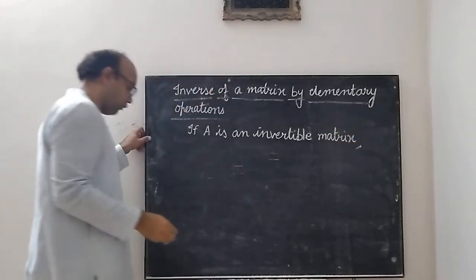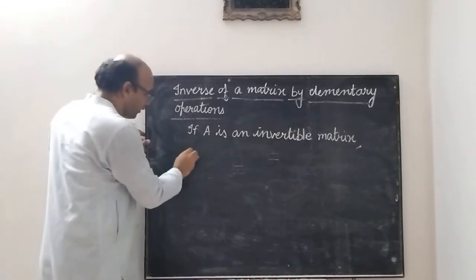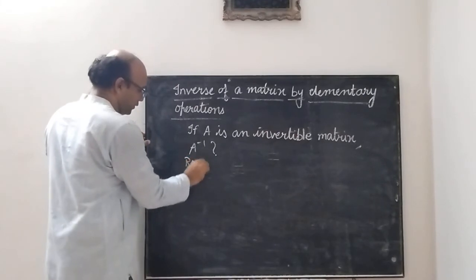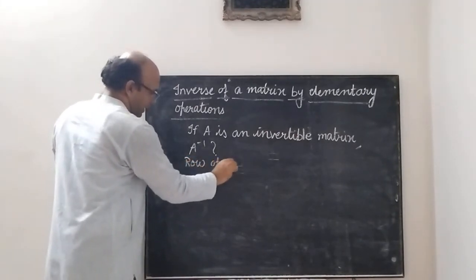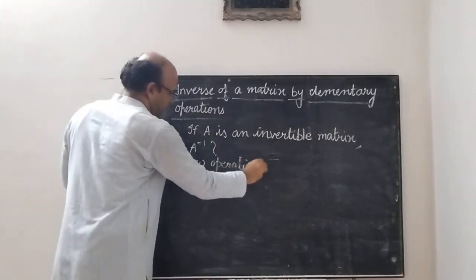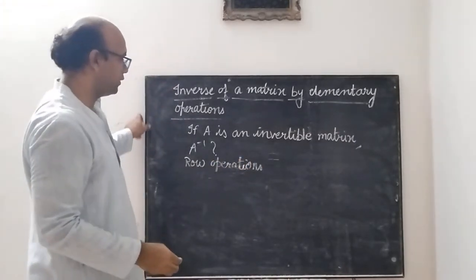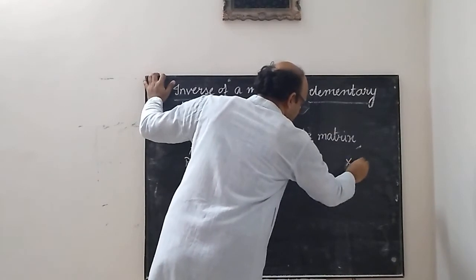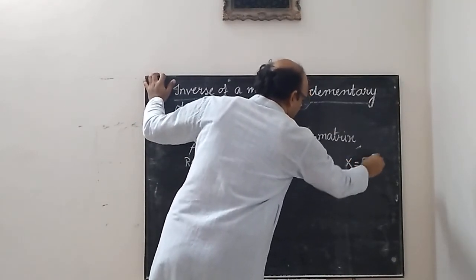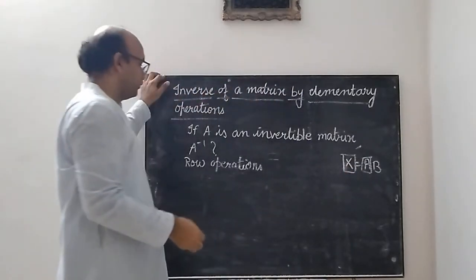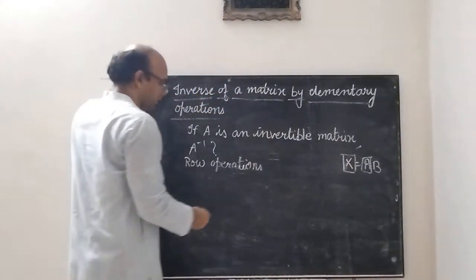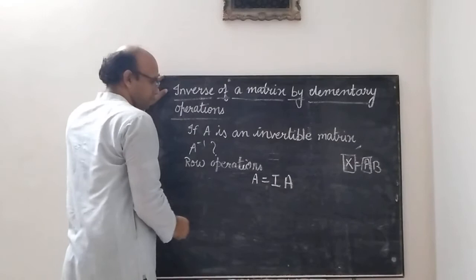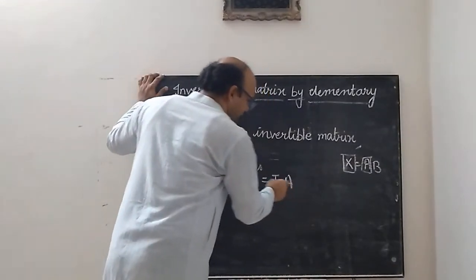So if you want to find A inverse using elementary row operations, we have understood that if you have something of the form X equal to AB, then we apply the row operations on X and A. So we arrange the concept of A being equal to IA, because we know that A is equal to IA as well as AI.